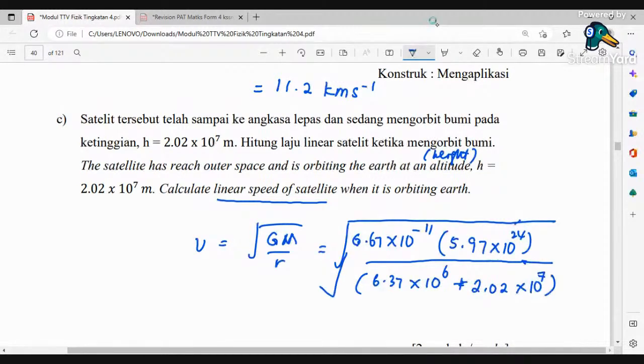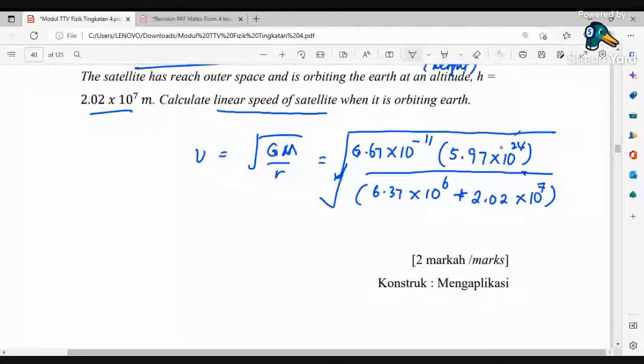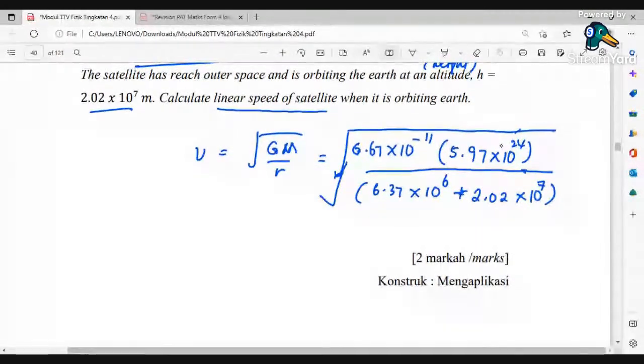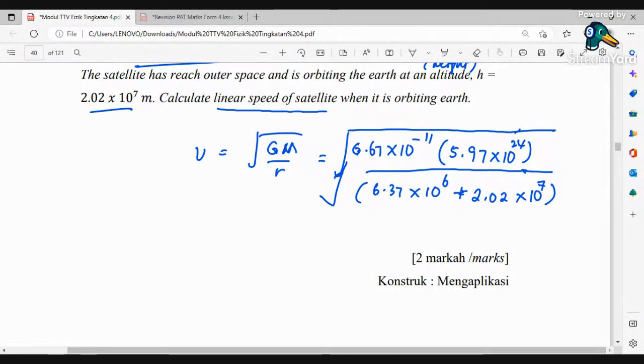We need to add because what is given is the height. Height means ketinggian.